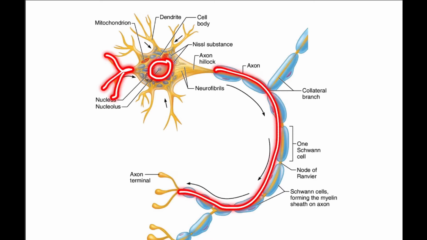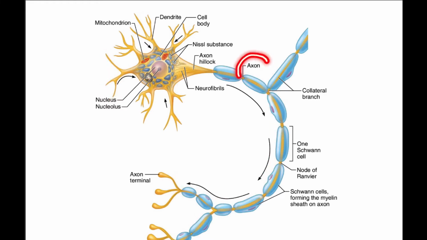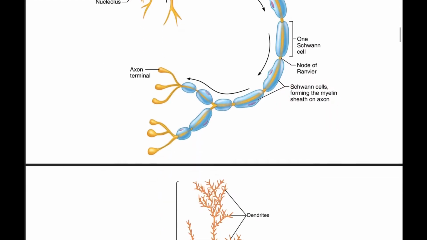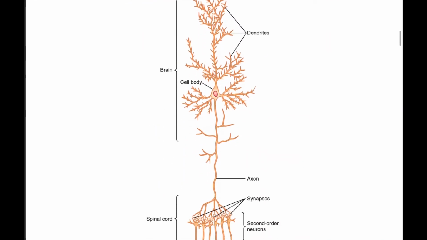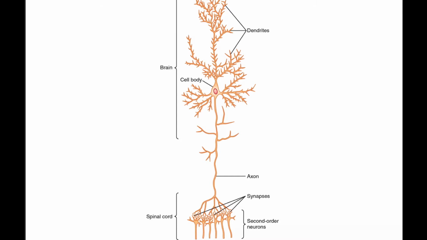This tail we call the axon, and axons are covered with a layer known as myelin sheath. When two neurons meet, the meeting area is known as a synapse. That is the junction of two neurons.